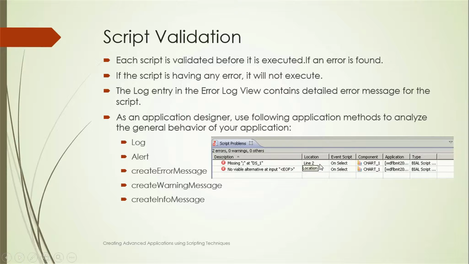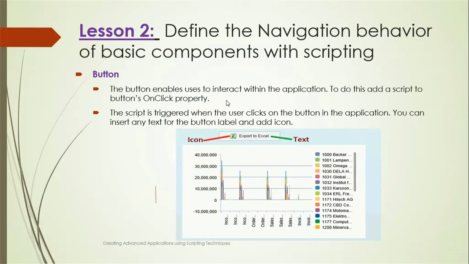Then it will specify the line, on which component, and what the application name is. This is very useful. It has a log and alerts, everything, so it is very useful to trace out our errors, if there are any. So it has script validation.